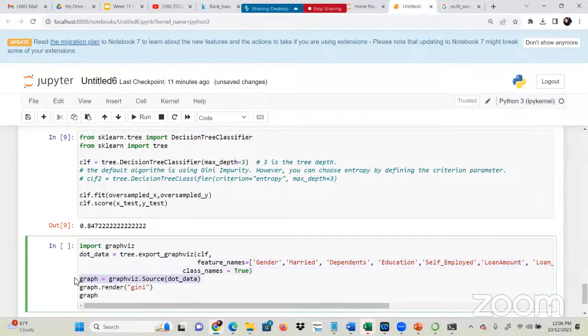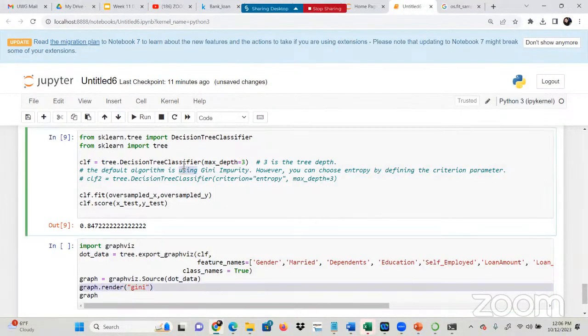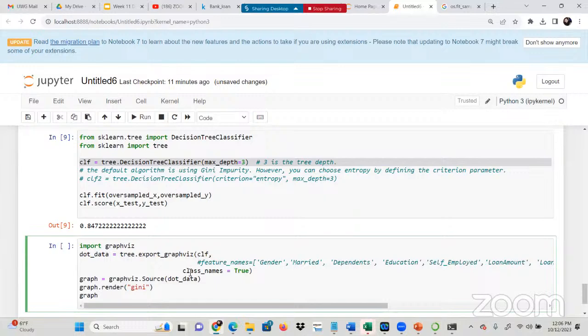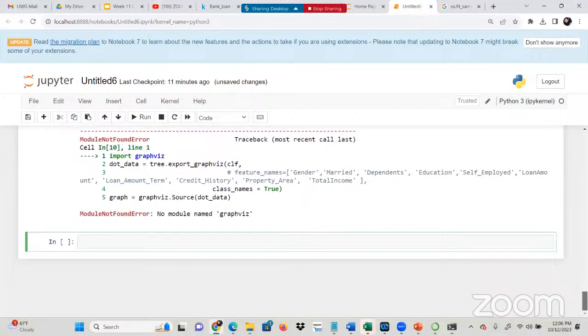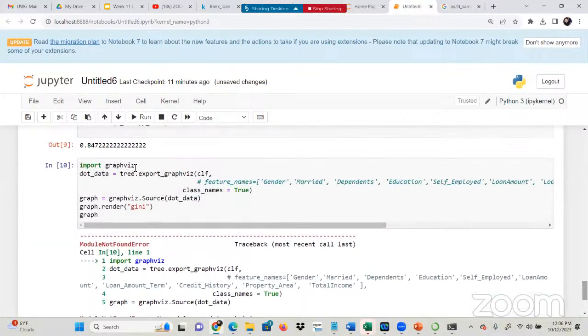That's why you just use this code, and the render is Gini because we used the Gini impurity here for this algorithm. If you don't specify this, what you will get is a tree that doesn't have names. What's going on here? No module. Okay, I have to install this library.